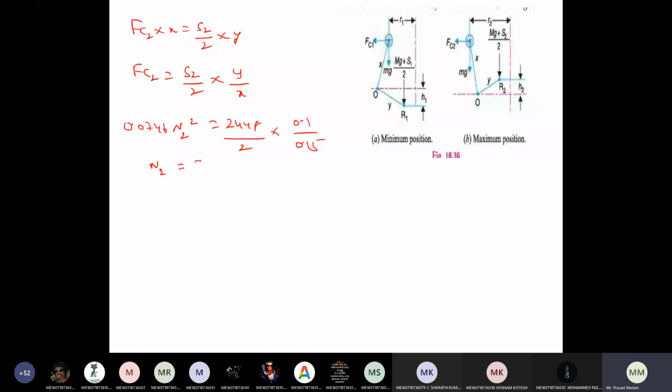So I got N2 value, N1 value, S1 value, and S2 value, FC1, and from this, what is FC2? 0.0746 into 331 square. Give me the FC2 value, dear students.